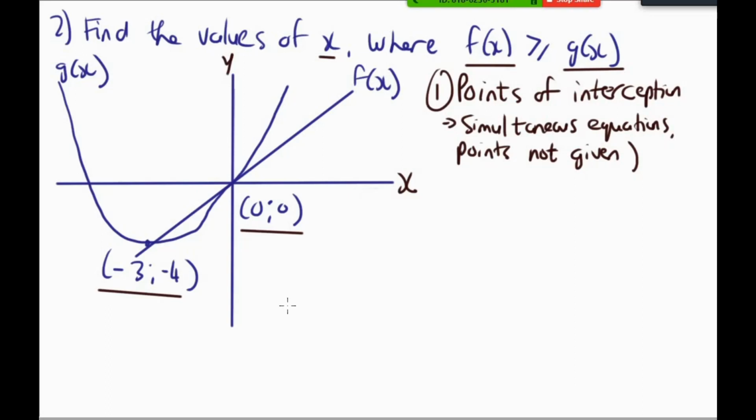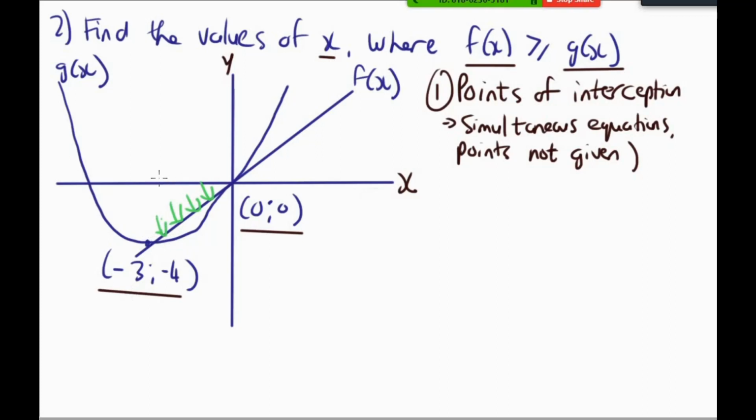So if we have a look here, f(x) is the straight line and g(x) is the parabola. So f(x) is higher than g(x) over here. That's the only place where f(x) is higher than g(x), because the y values for f(x) are greater than the y values for g(x).